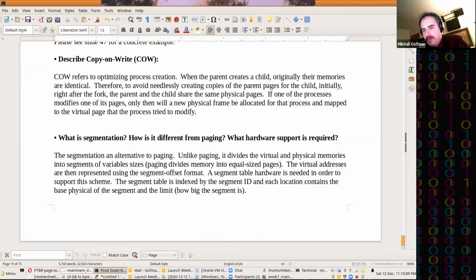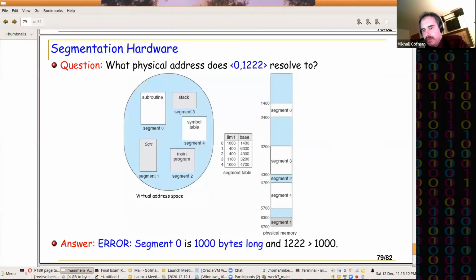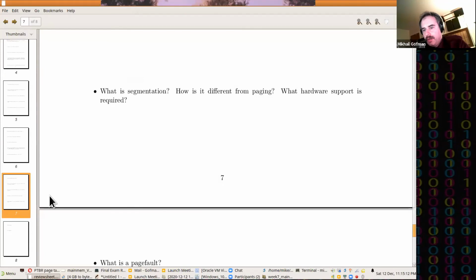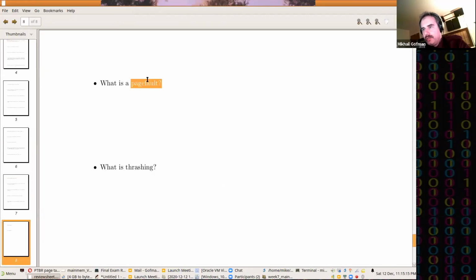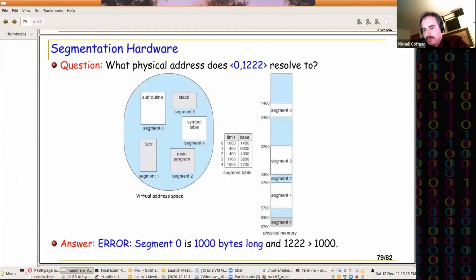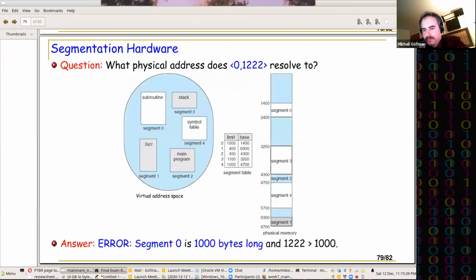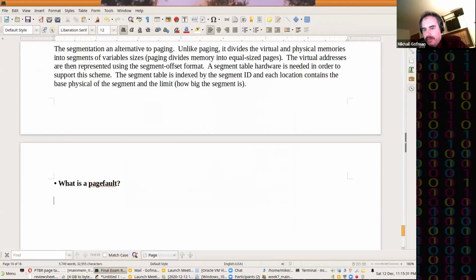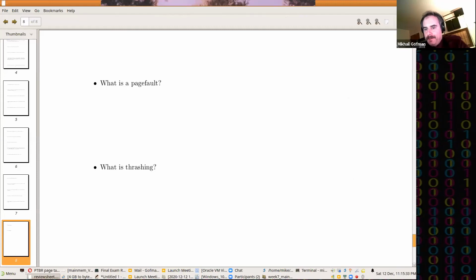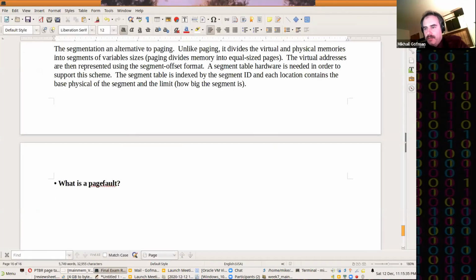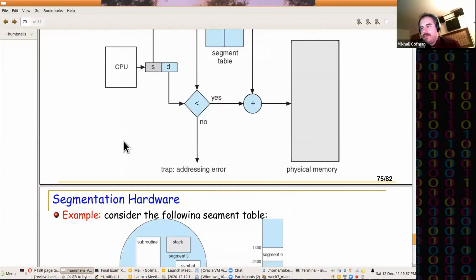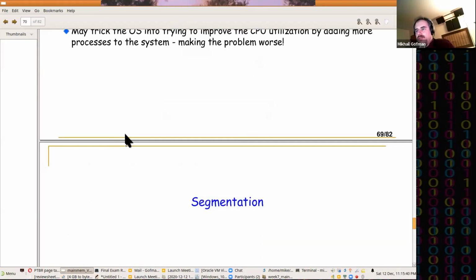Okay, and then the next question asks, what is a page fault? Basically, a page fault happens in demand paging.